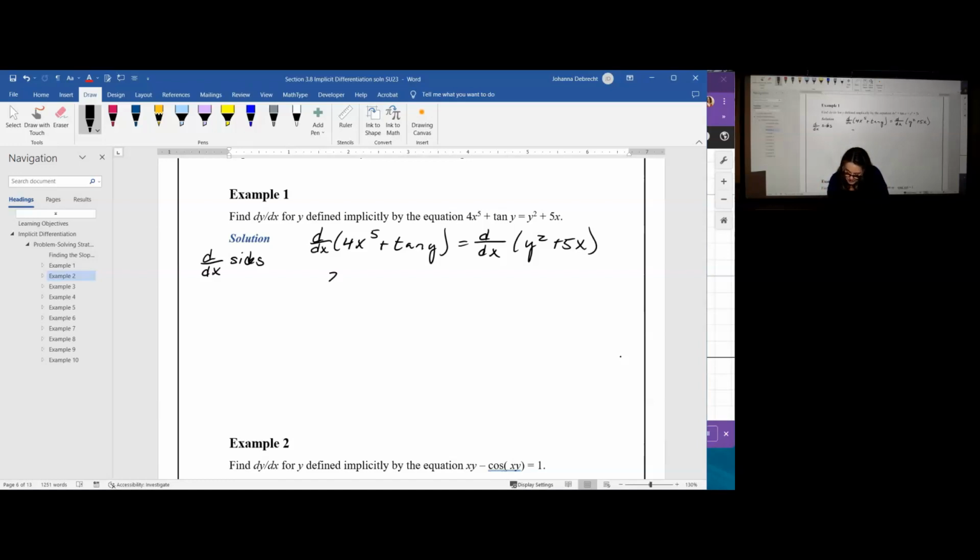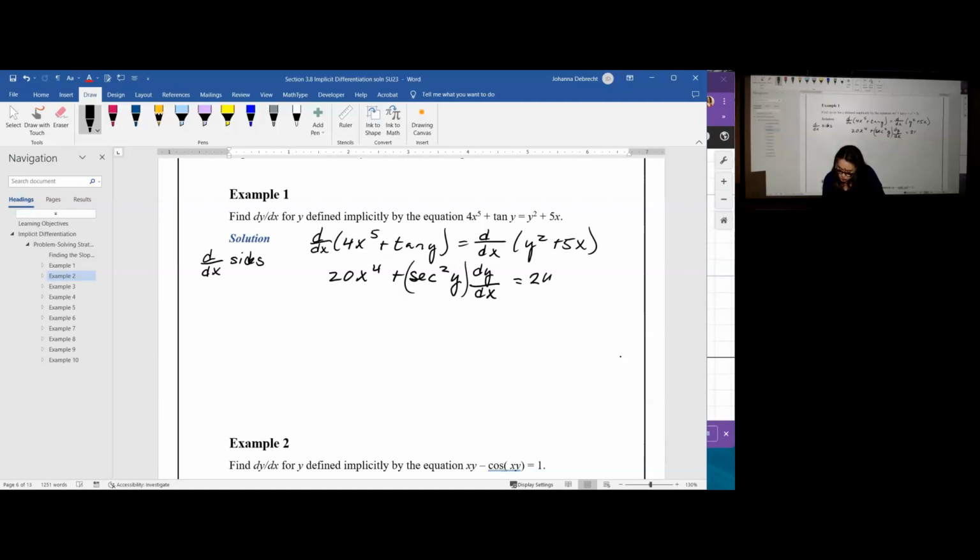This is going to give me 20x to the fourth plus the derivative of tangent, which is secant squared, freeze the inside as y, and then multiply by the derivative of y, which is dy/dx. On the right side, the outside function is the square, the inside function is y.